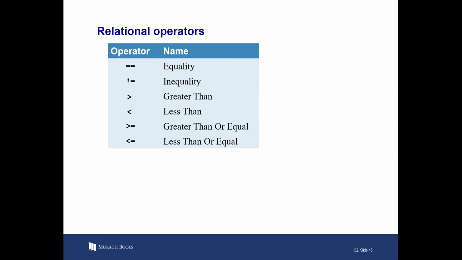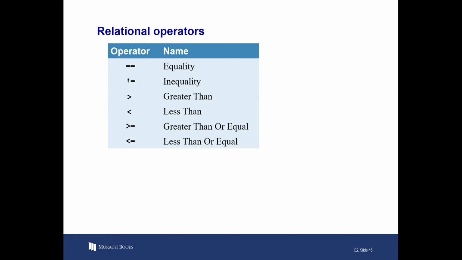In terms of relational operators, there are some kinds of operations that we can write in Java where you can compare numbers, characters, strings, and other aspects. Generally, these relational operators are written when, for instance, you have a number and you want to check whether it is equal to some other number. So you use the operation called double equals to compare if the two numbers are equal to each other.